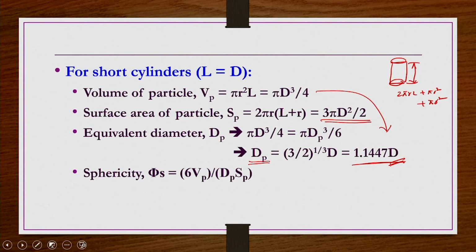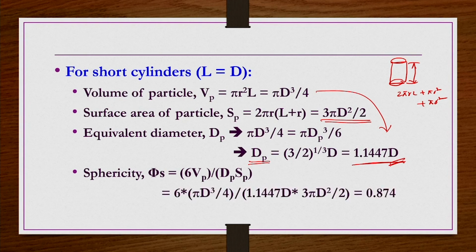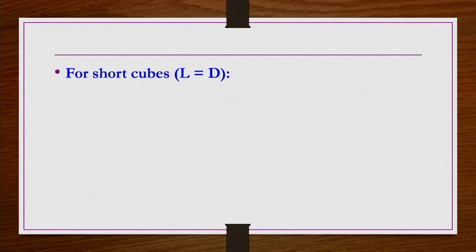Then for sphericity, we have 6 Vp by dp Sp. You substitute Vp, dp, Sp here, and you get 0.874. So, for short cylinders with L equal to d, the sphericity is 0.874. Similarly, take a short cube with size equal to d.